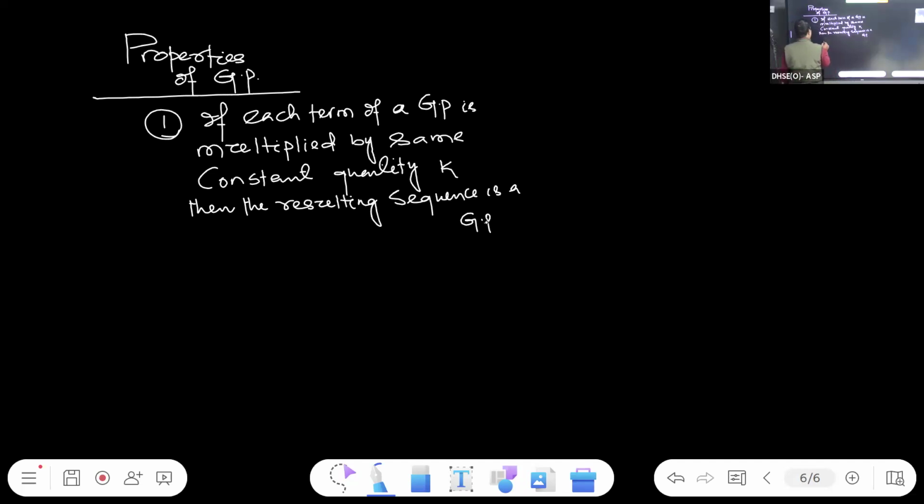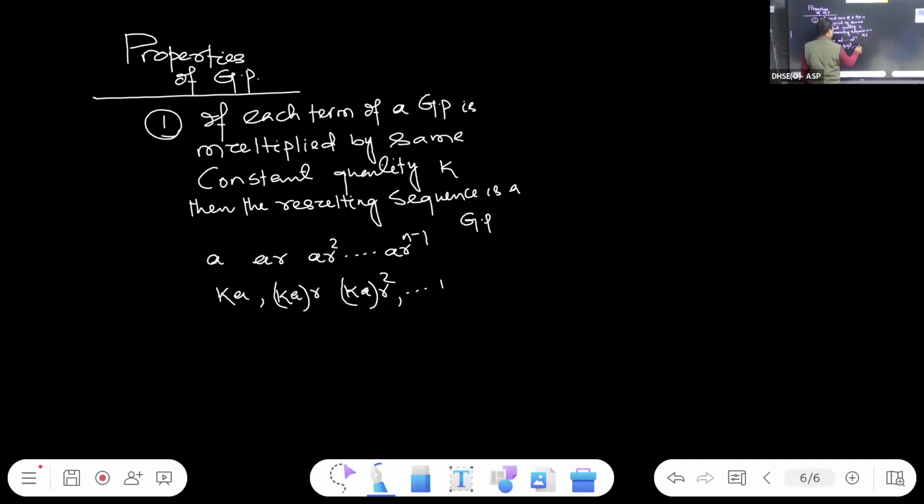Let us consider the GP a, ar, ar square, up to ar to the power n minus 1. Now multiply each term of the GP by K. It will be K, then the second term will be K into R, the third term will be K into R square, and the nth term of the sequence will be K into R to the power n minus 1.